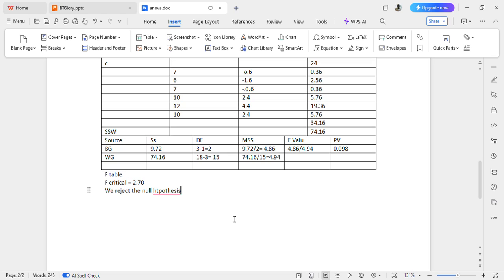Now we can subject this further to post hoc, so that now we know at what point are the means different. Thank you and enjoy the ANOVA.